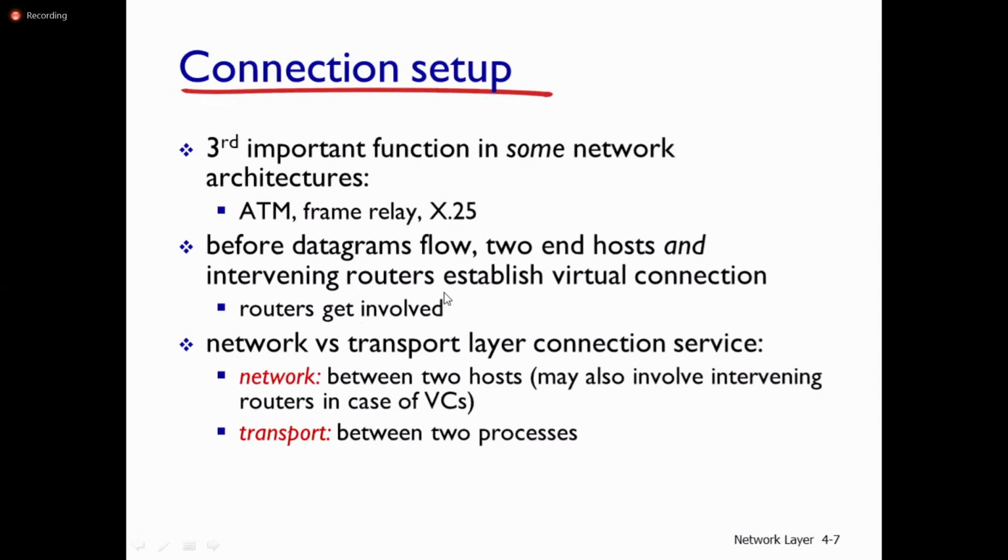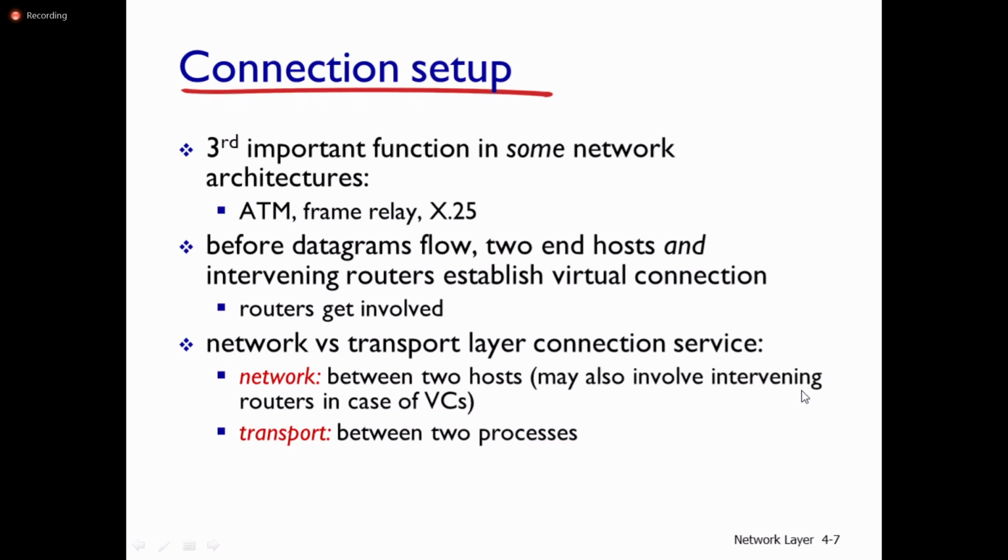If you look at the connection service in the network layer, we use this between two host devices, but in the case of the transport layer, between two processes. So here, between two host devices, it may also involve intervening routers in the case of a virtual circuit.